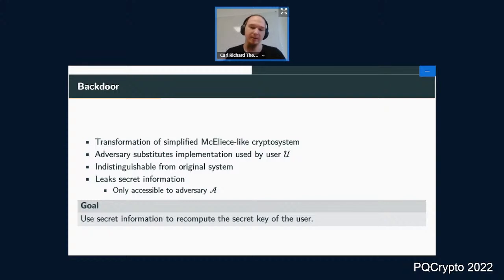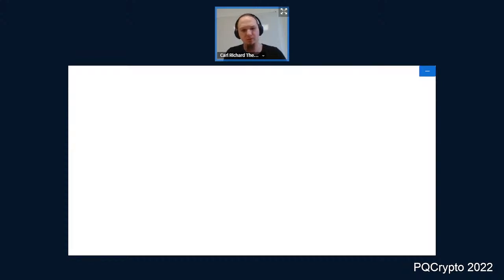And we want that this modification of the cryptosystem is indistinguishable from the original system, but still leaks some secret information that is only accessible for the adversary A. So we want some exclusive access for the adversary here. And the goal here is that the adversary learns some secret information that allows them to recompute the secret key of the user.